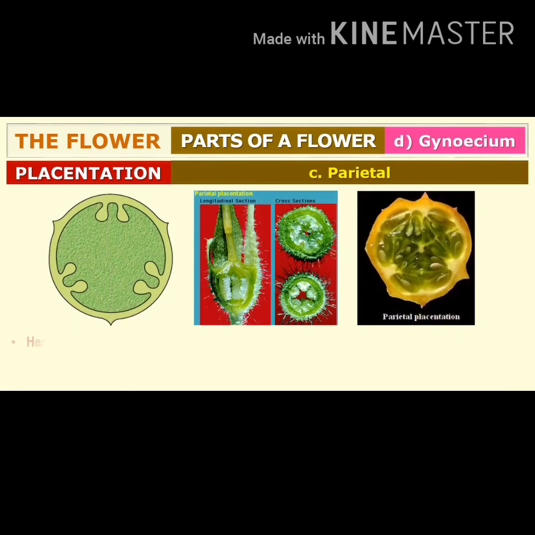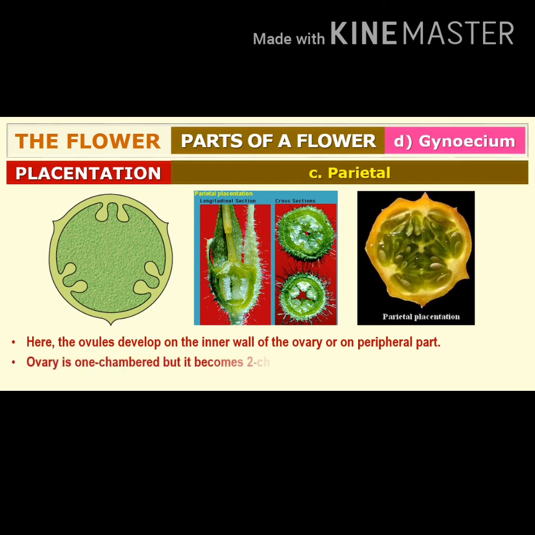Then the third type is parietal placentation. Here the ovules develop on the inner wall of the ovary or on the peripheral part. The ovary is one chambered, but it becomes two chambered due to the formation of a false septum. Example for parietal placentation, mustard and argemone.